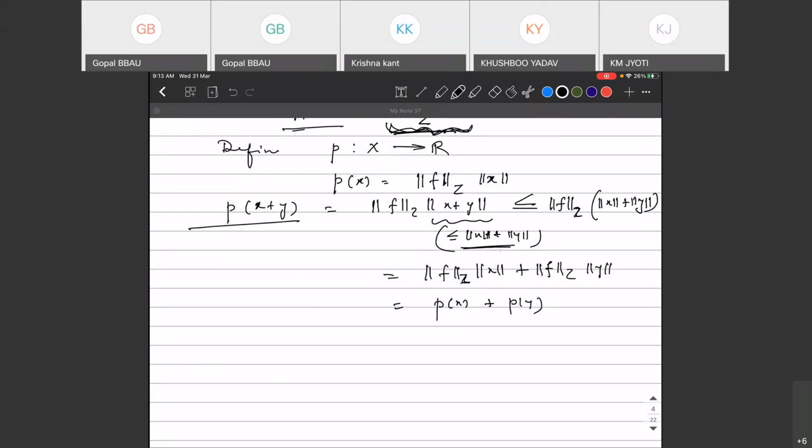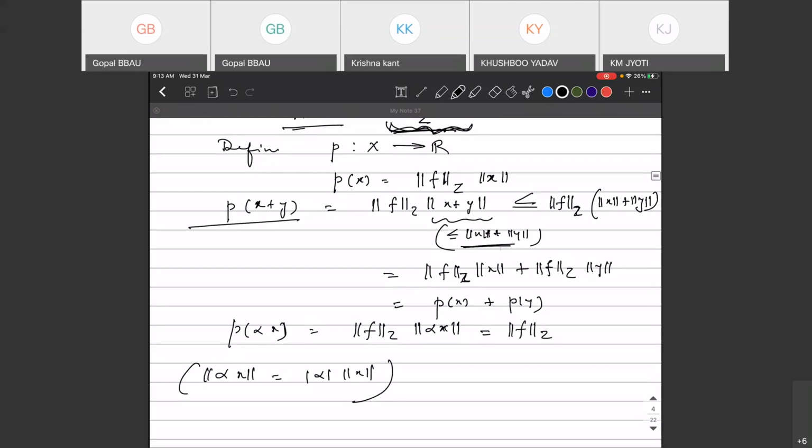So this implies p(x plus y) is less than or equal to p(x) plus p(y). And similarly p(alpha x) equals norm f times norm of alpha x, but you all know norm of alpha x is mod alpha times norm x, so this is mod alpha times p(x).